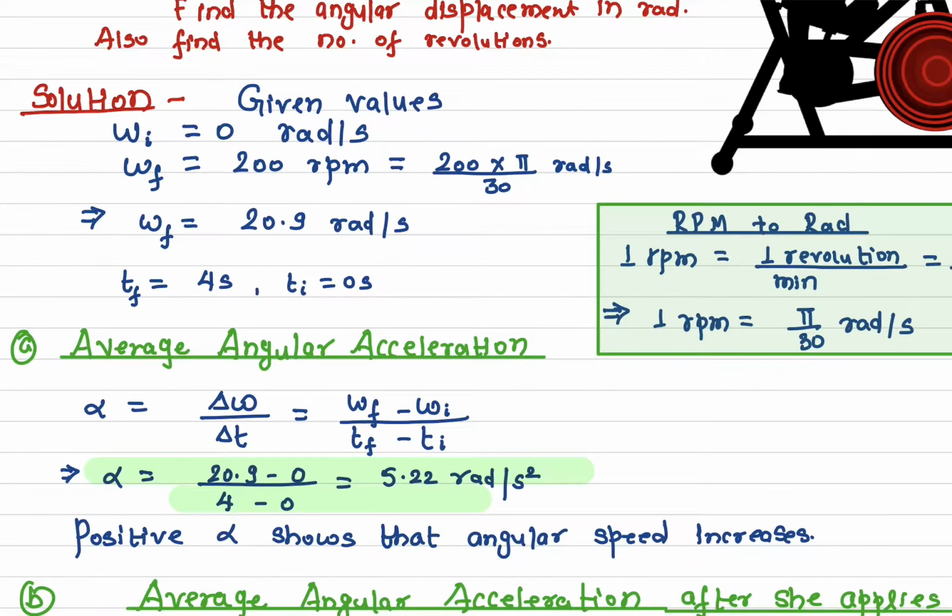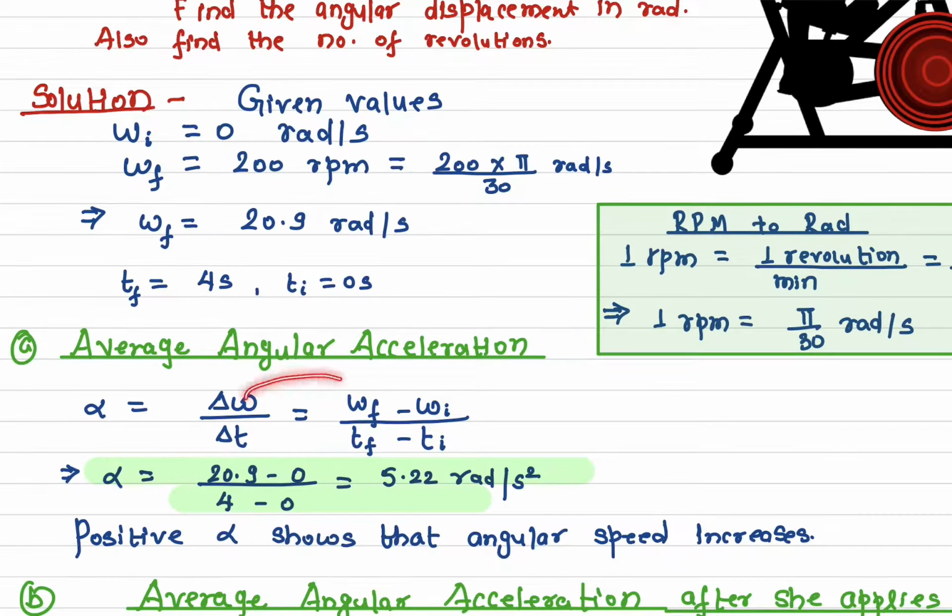So we'll calculate the average angular acceleration. What does average angular acceleration mean? It is the change in angular speed divided by the change in time.